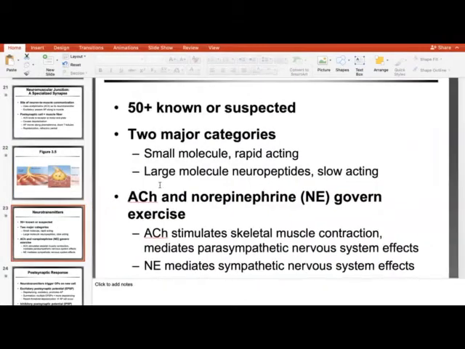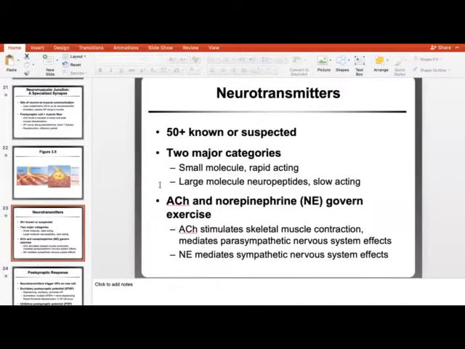Now, acetylcholine is one of the main neuromuscular transmitters associated with muscle contraction, but there are many different kinds of neurotransmitters. And then this neurotransmitter here, norepinephrine, all right, is released by the adrenal cortex. It's also called adrenaline.